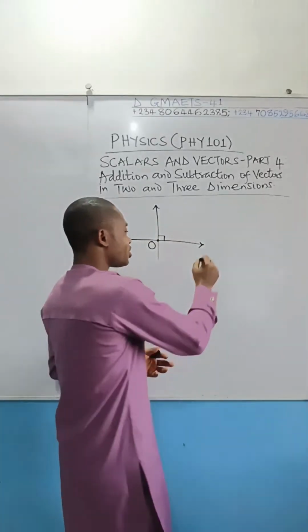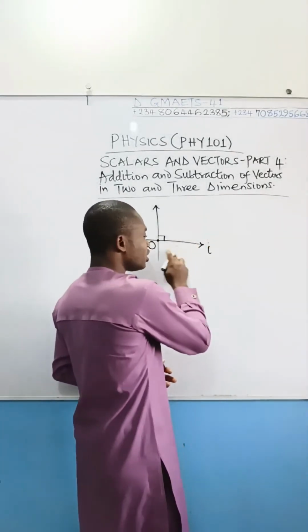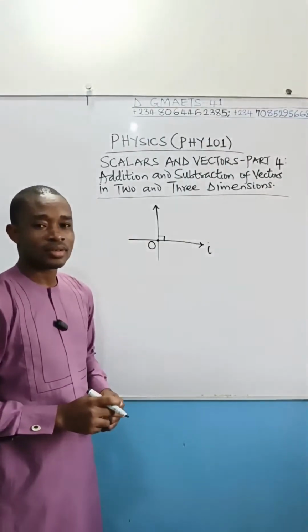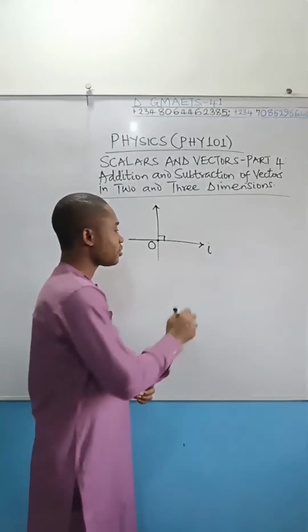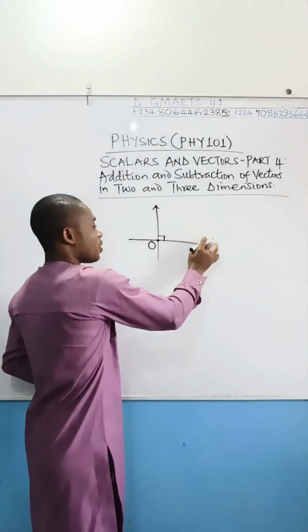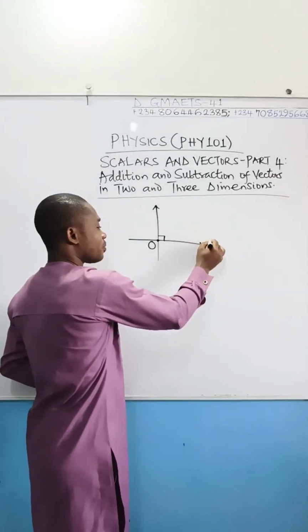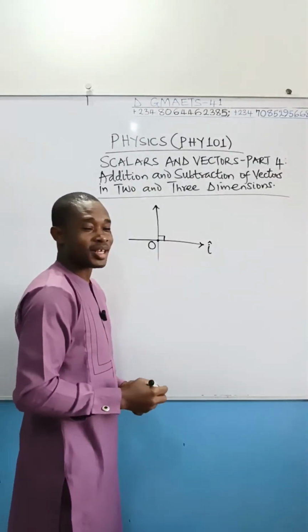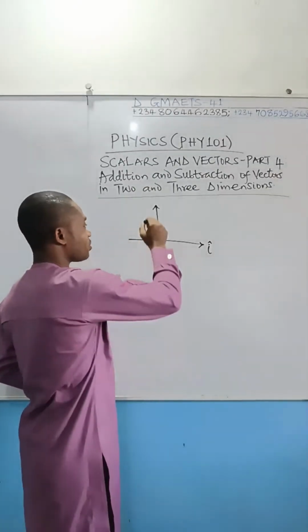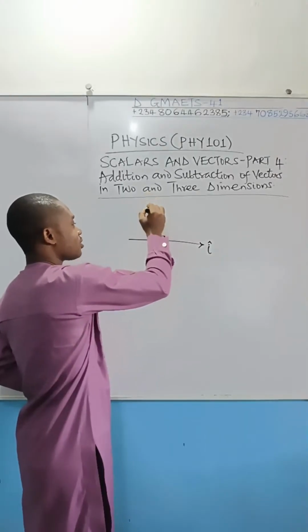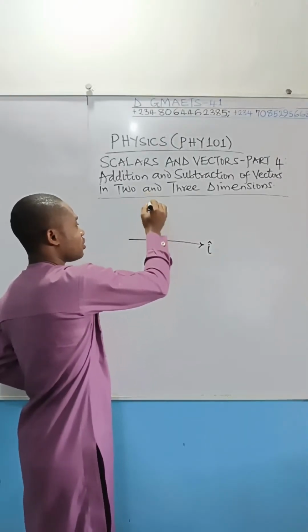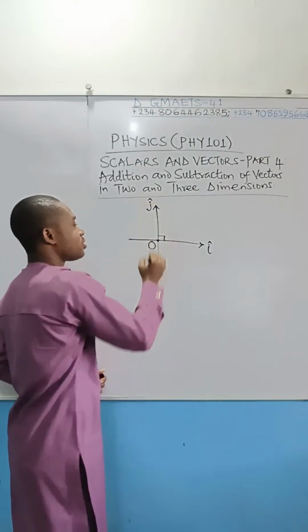We can talk about the direction of this horizontal axis, and I will use i to represent it. Let me put something like a cap here, because that's a symbol for unit vector. Then, along the other perpendicular axis, which is y, we are going to use j for it.